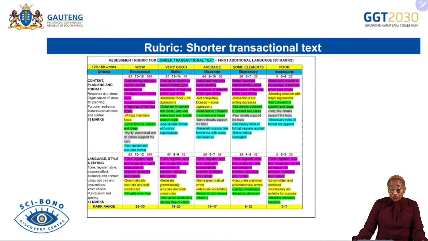In our last session, we explained the content mark as well as the language mark. Remember, whatever mark the teacher awards to your transactional text, that is feedback. And I said last time, it is important that you understand the rubric, because if you do, you will understand why you have been awarded that particular mark.